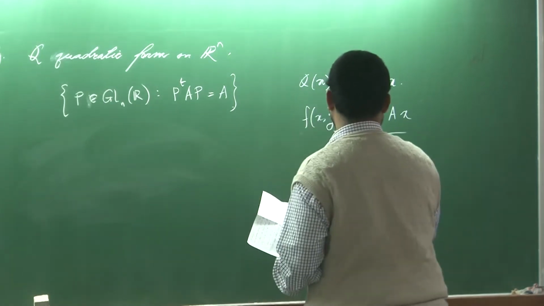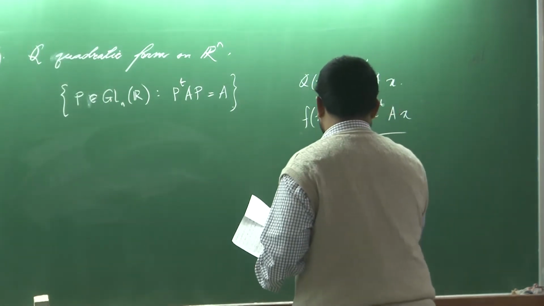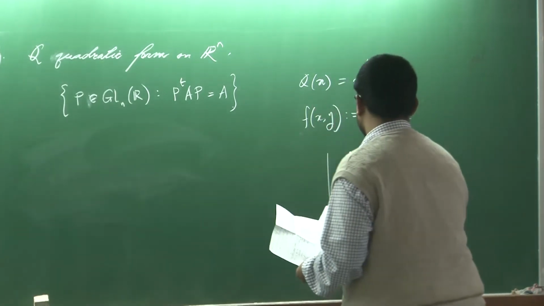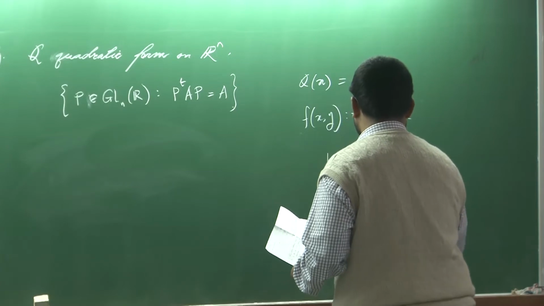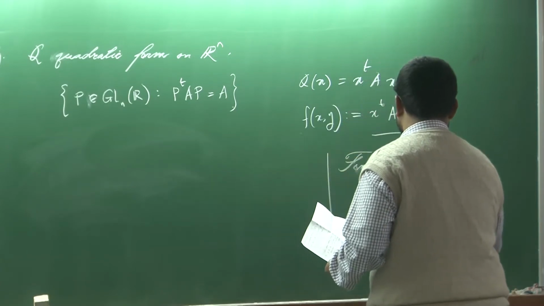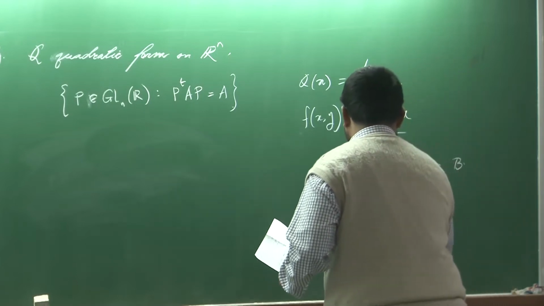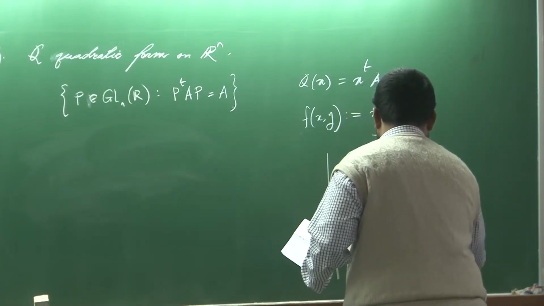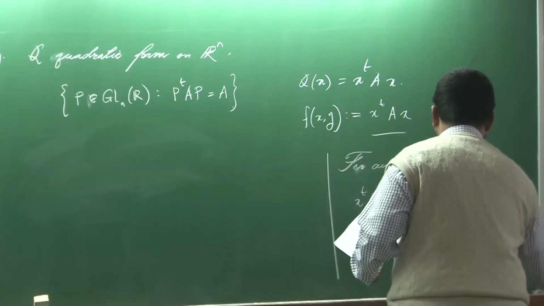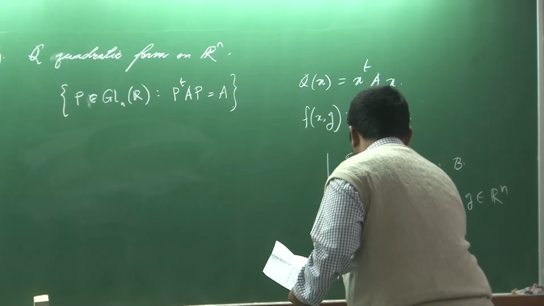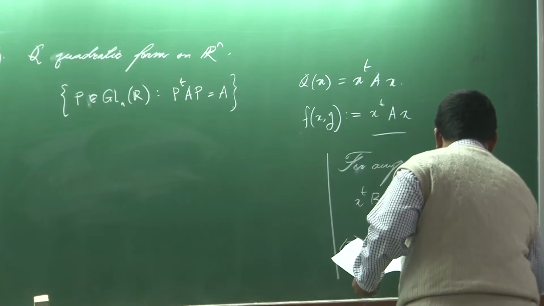The main point is that for any symmetric matrix, you can convince yourself that for any symmetric matrix, let us say B, x transpose By equal to 0 for all x, y in Rn is the same as saying x transpose Bx is 0 for every x in Rn.